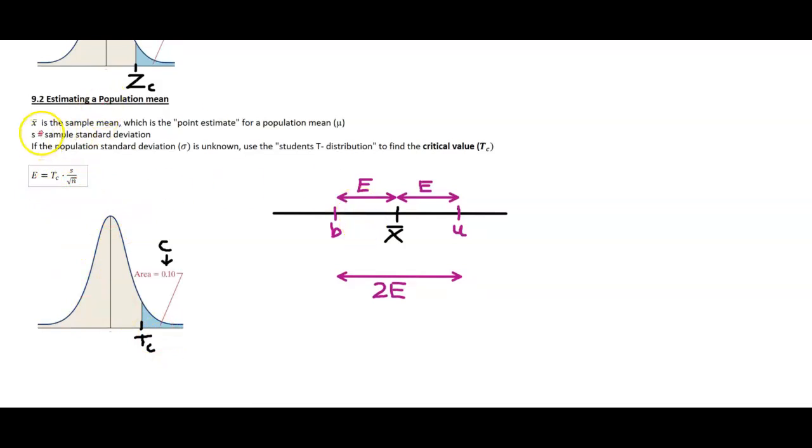And X bar is our sample mean, so that's our point estimate. Again, all these words have different variables and different meanings depending on whether we're talking about a proportion or a mean.